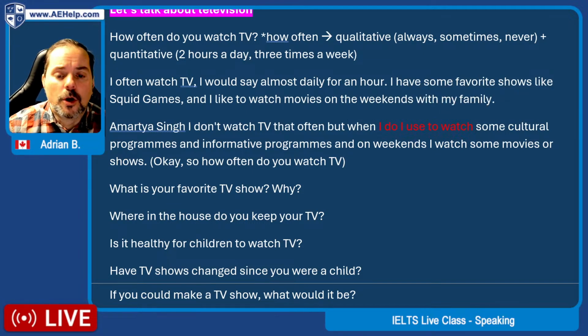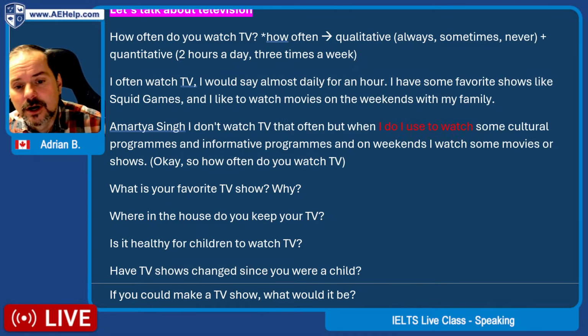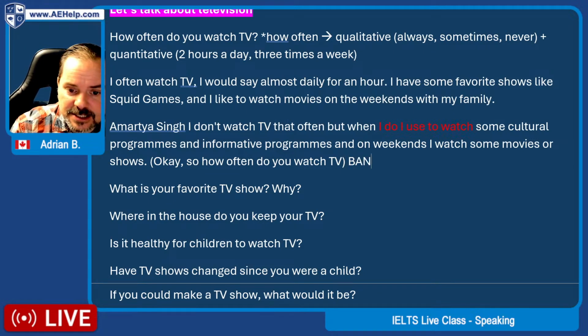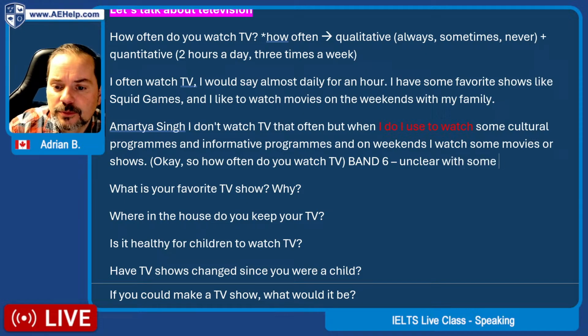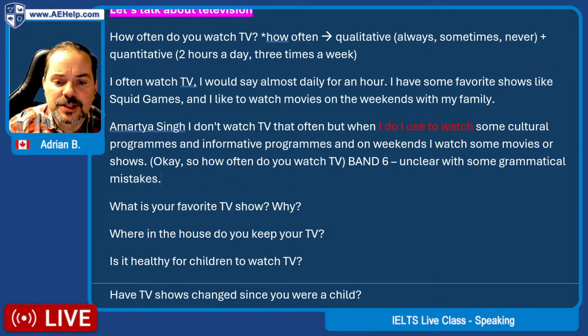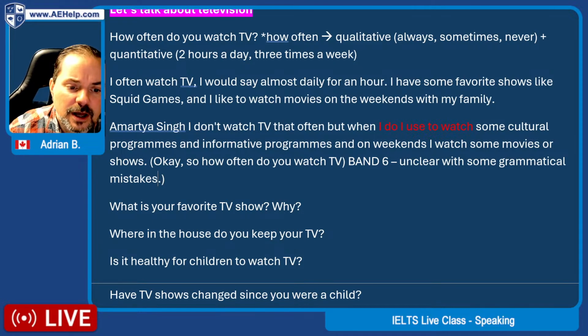Okay, so because of that, and because it's not clear, this would be like a band 6 as is. Okay, and the examiner is thinking unclear with some grammatical mistakes. Okay, so that's why they're kind of giving you that band score, if that makes sense.